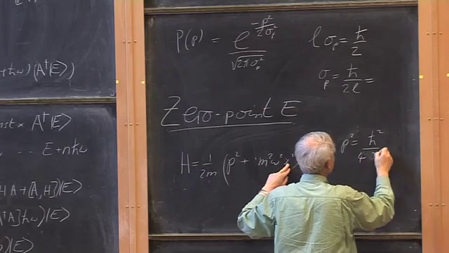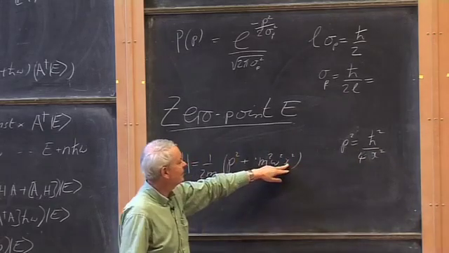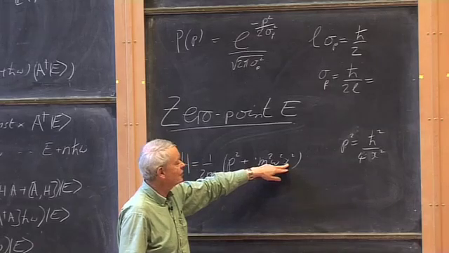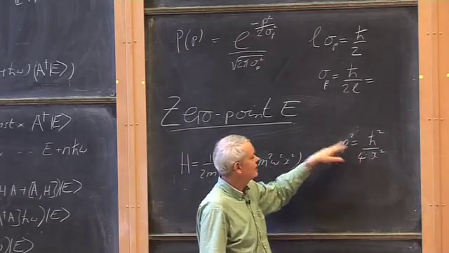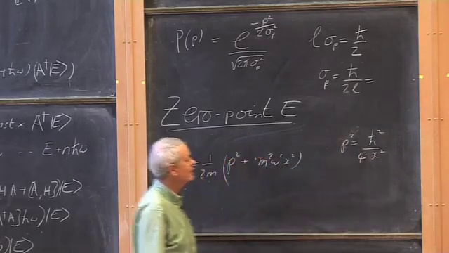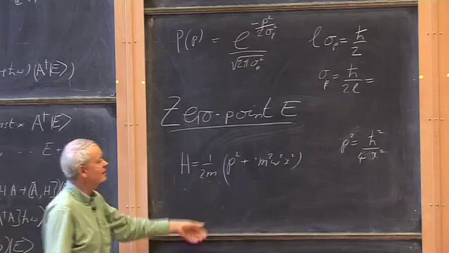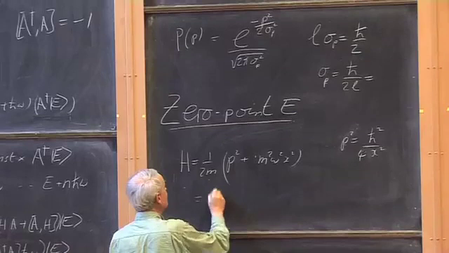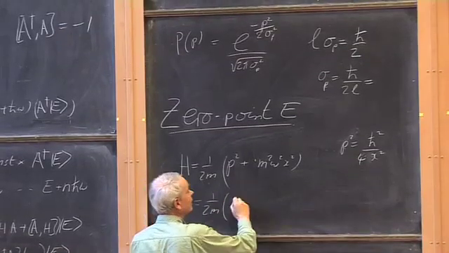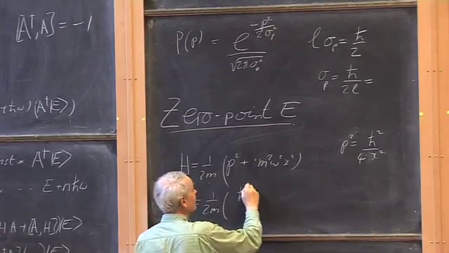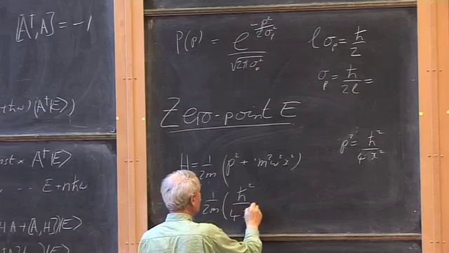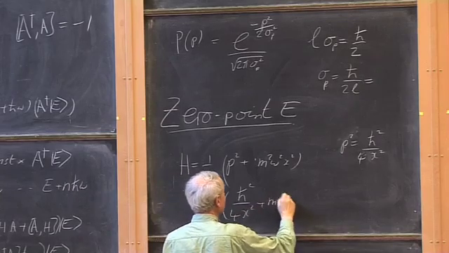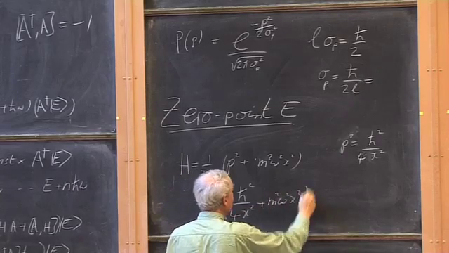For the ground state, x squared is essentially the uncertainty in x, so it's associated with the uncertainty in momentum in the same way. If you put that relationship in, you find that H is 1 over 2m times h bar squared over 4x squared, plus m squared omega squared x squared.